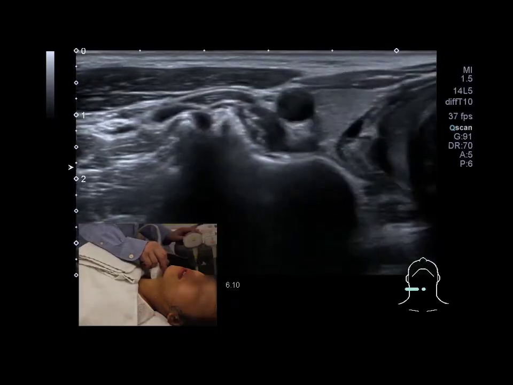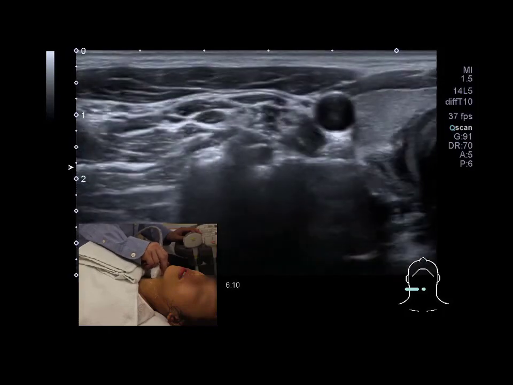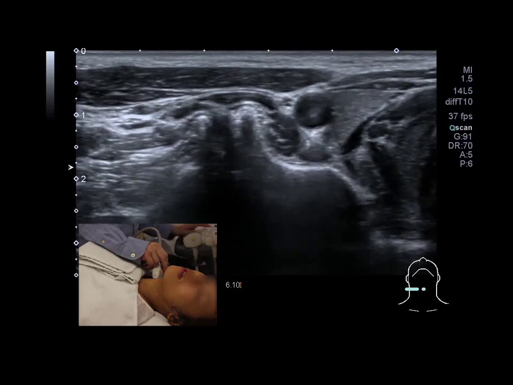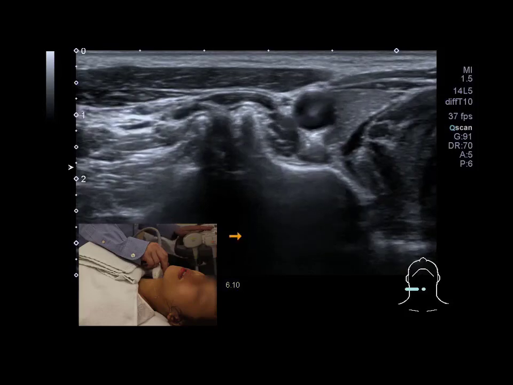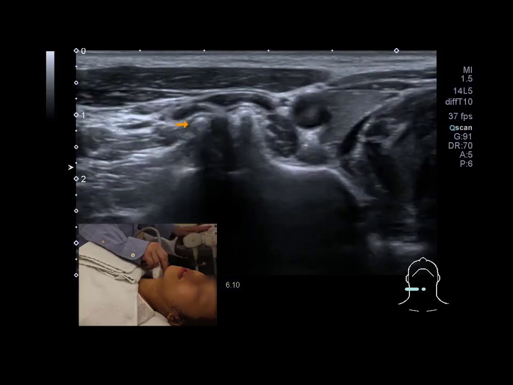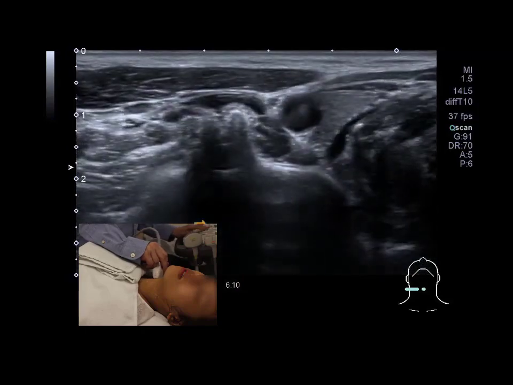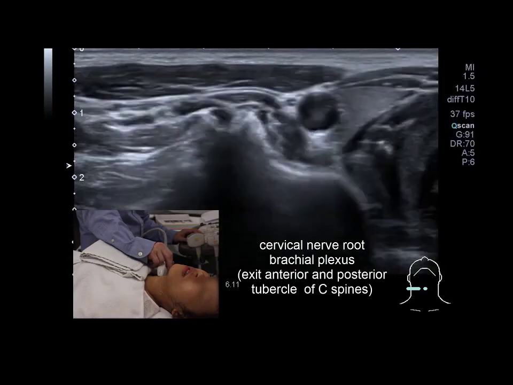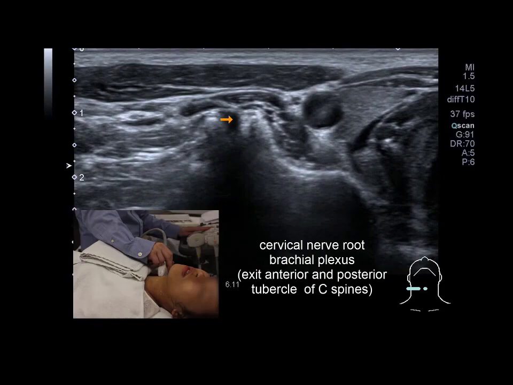Okay, next we're gonna look at the nerve root that comes off between the anterior and posterior tubercle. This one is level C5, and the hypoechoic tubular structure here is a nerve root that comes off the cervical neural foramen like this. Okay, let's see the neural foramen. It's between the anterior and posterior tubercle of the C-spines.